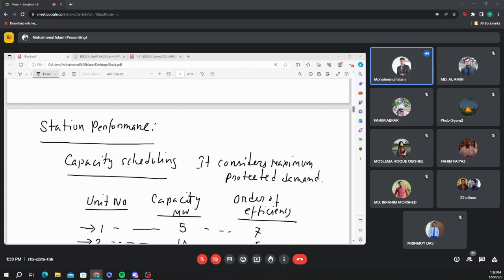Do you want to sit for a quiz? A very small quiz in the last class. No, in the next class we can take one very small quiz based on today's lecture, and one math for 20 minutes. Then we can continue the class for another 30 minutes, and then it will be the last class.